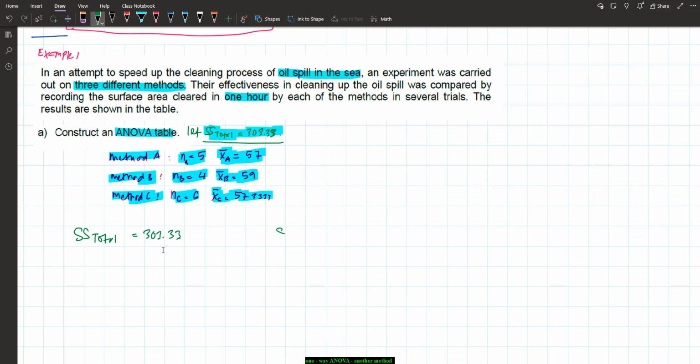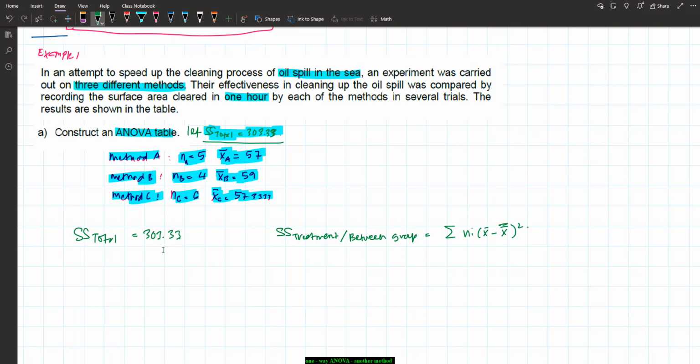Now we want to find the sum of square treatment, also known as between group, right? This is equal to summation of n multiplied with X bar minus X bar bar, squared.